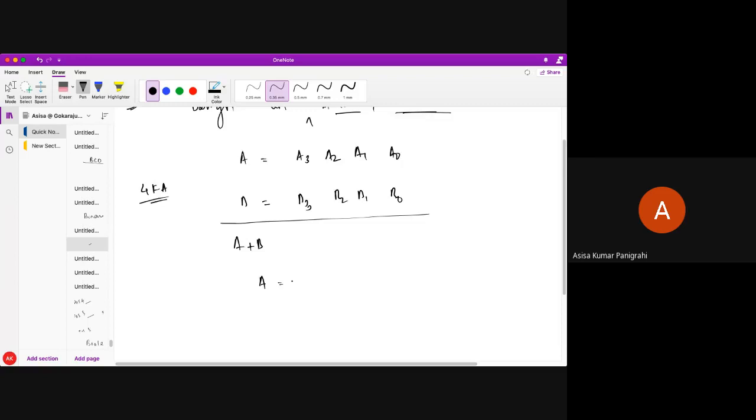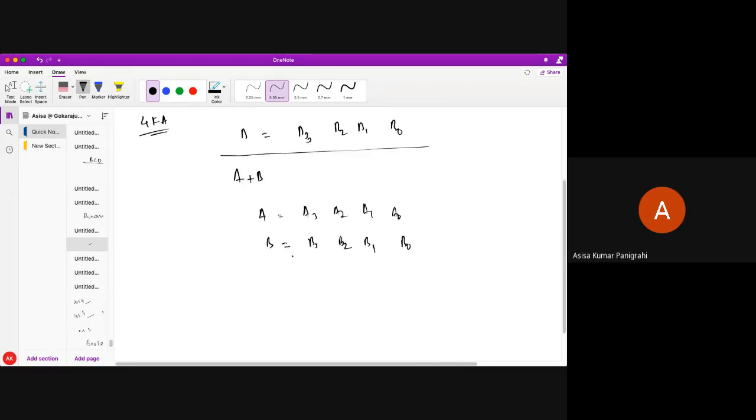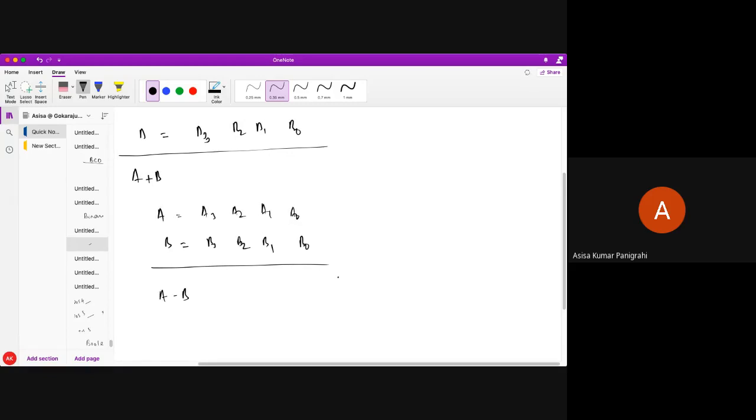Let's say this is my A, which is A3, A2, A1, A0, and B, which is B3, B2, B1, B0. Now what do you mean by subtraction? If I want to perform the subtraction between these two, can I do it in this way, students? So what is the 2s complement subtraction technique? Let's say this is my minuend, and this is my subtrahend. Do you all understand subtrahend and minuend?